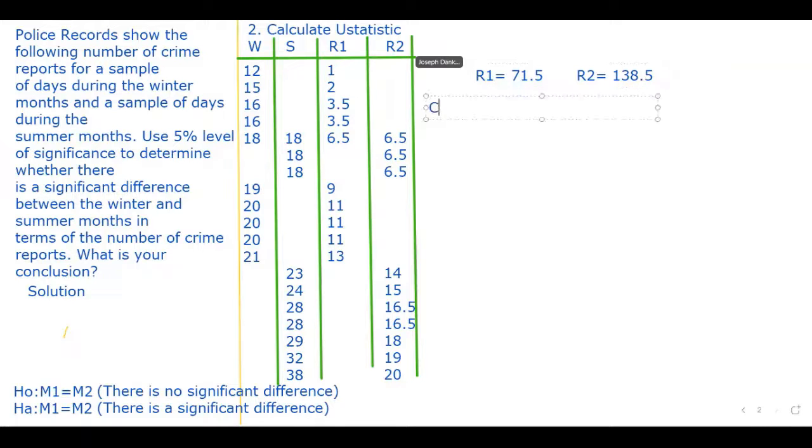We have to check for R1. So check rule: R1 plus R2 is equal to N(N plus 1) divided by 2. You already know the formula. N here means the total sample size for all of them, so it will be 20 times 20 plus 1, divided by 2.